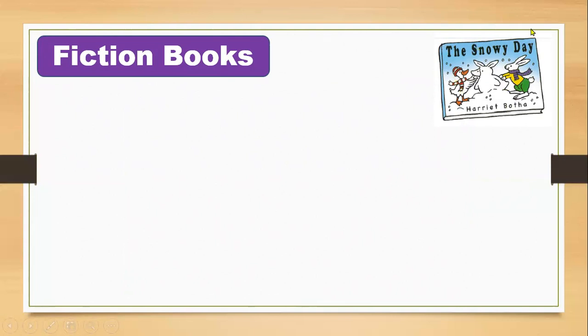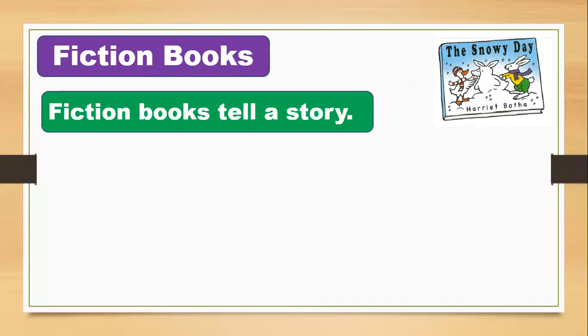As you can see in this book, you can find characters, okay, about a rabbit. Okay, so this book is about the snowy day. So this book is about a story, the snowy day. So this is a fiction book.